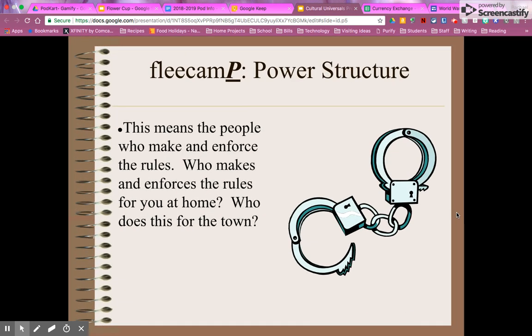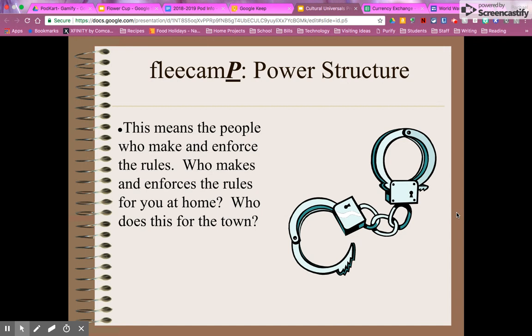All right, now the final one. The F stands for family structure. L, language. E, education. E, economics. C, conflict. A, arts, play, and recreation. M, material goods.